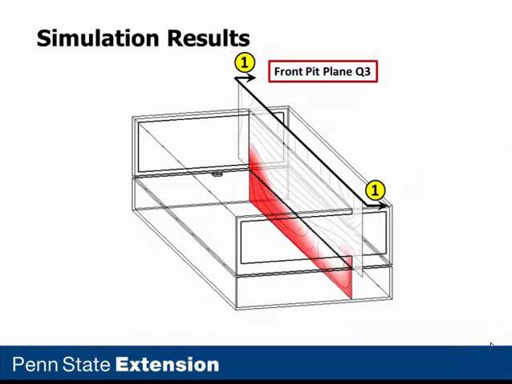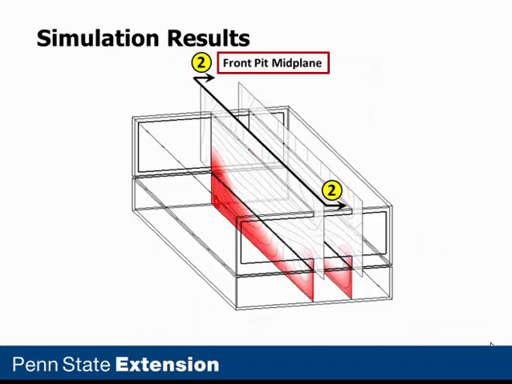This is the front plane, which is a vertical section at the 1/4 point across the width of the manure pit and the barn. This is a front plane mid-plane. That's a longitudinal section, a vertical section rather, through the longitudinal axis at the mid-width of the building.